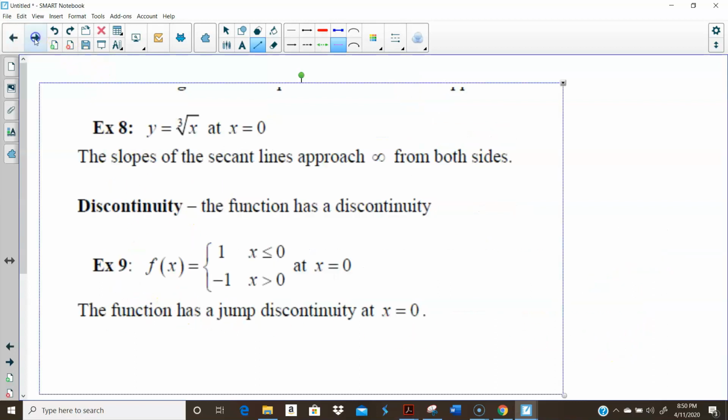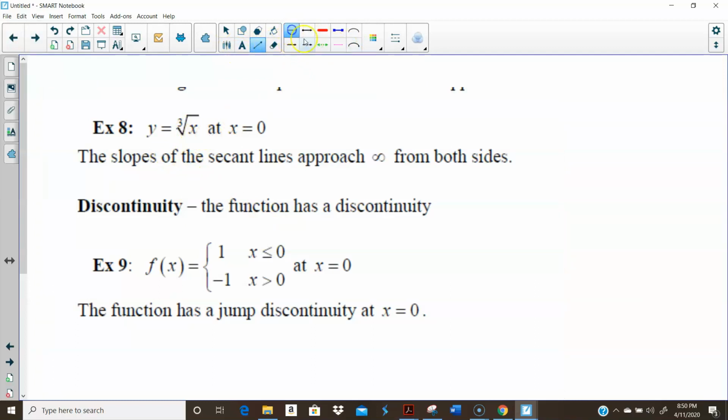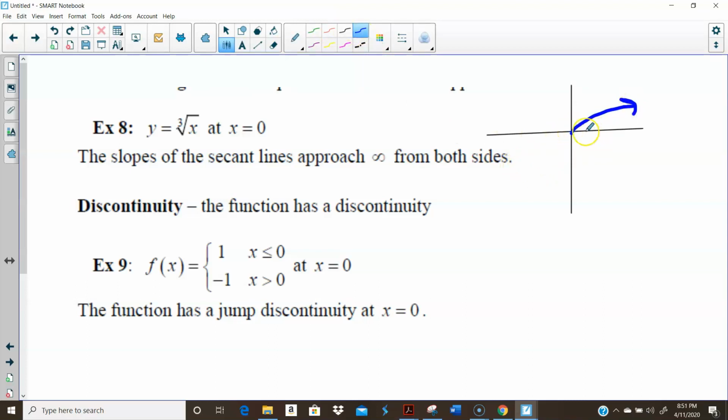Okay, let's look at the next example. Example 8, y equals the cubed root of x. Just a reminder of what this graph looks like. I'm just trying to sketch these really quickly, but our cube root graph looks something like this. So we have this part and then this part like this.